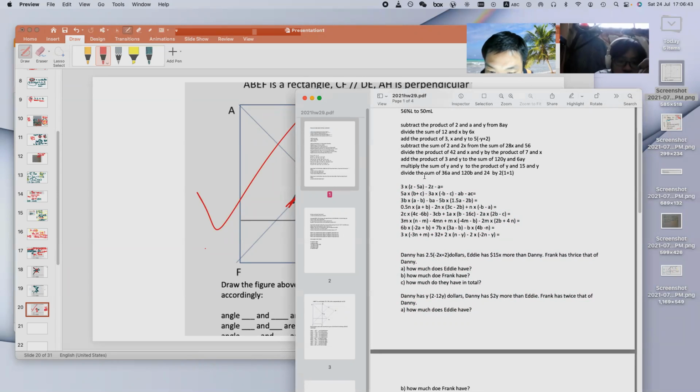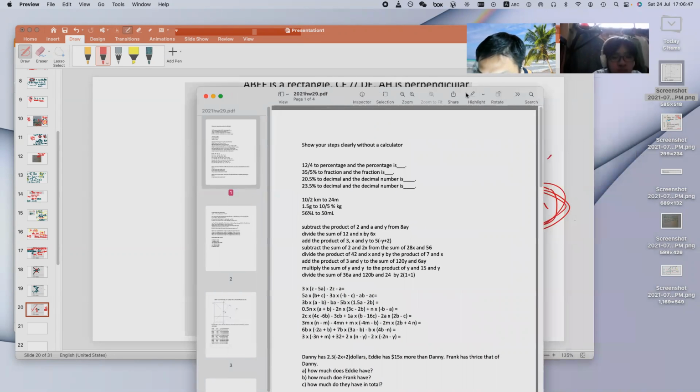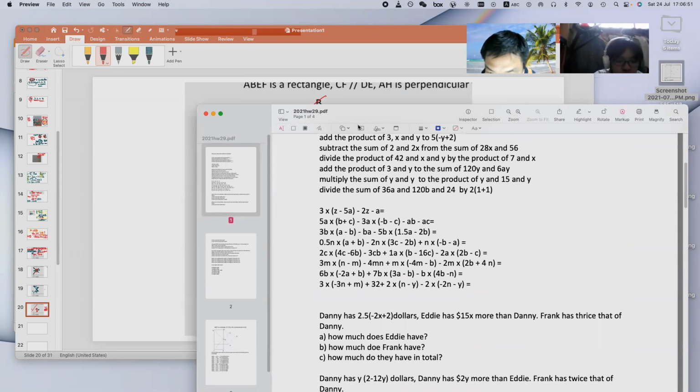Let me just give you some comment on this one. My comment for this one is don't skip signs, whether it's plus or minus. Okay. 可以吗?